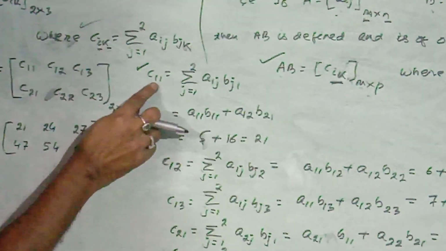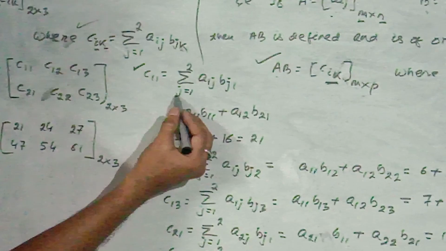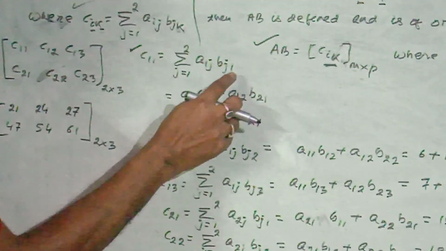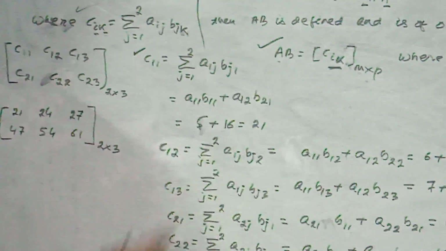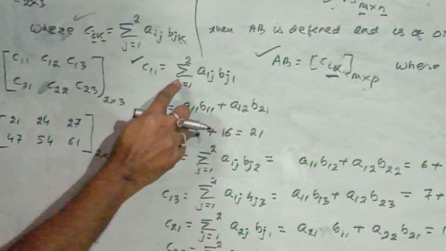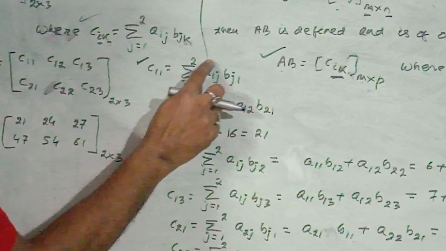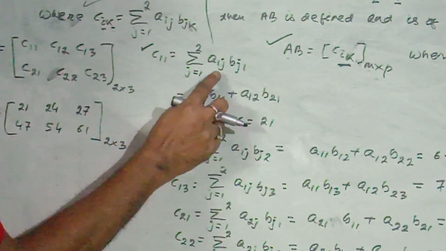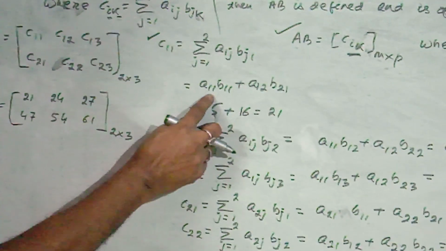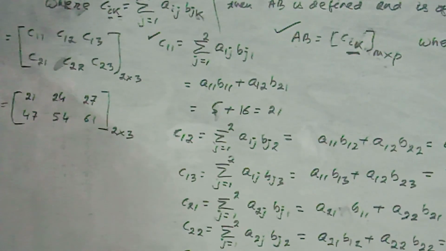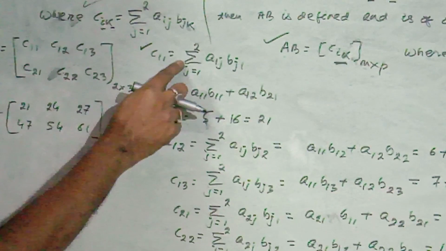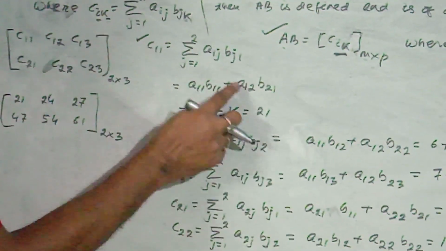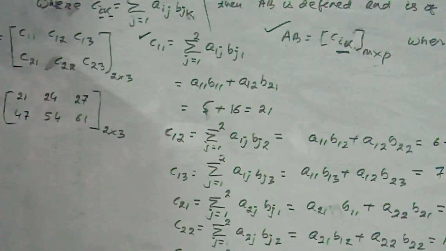So we get C11 equal to the summation, j varies from 1 to 2, of A1j into Bj1. The summation stands for addition. What is the first term of this summation? Take j as 1, so it is A11 B11. Plus, in place of j you take 2, so it is A12 B21.